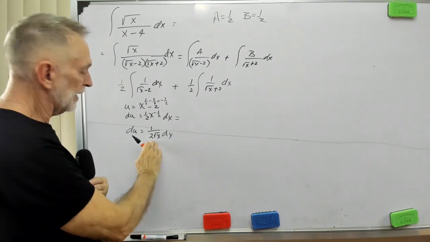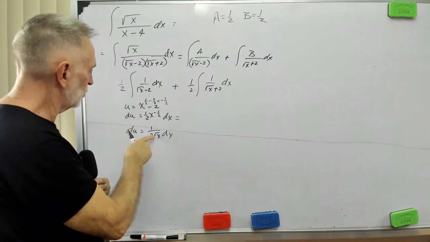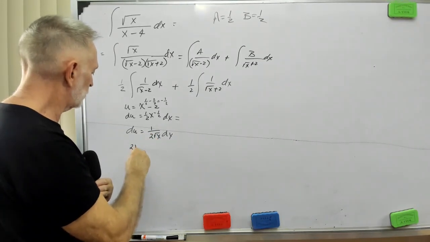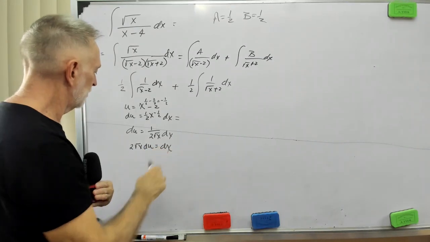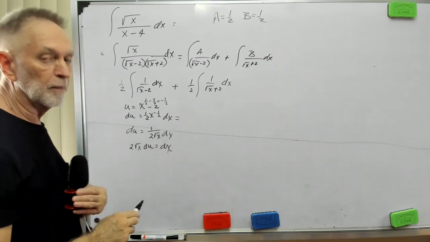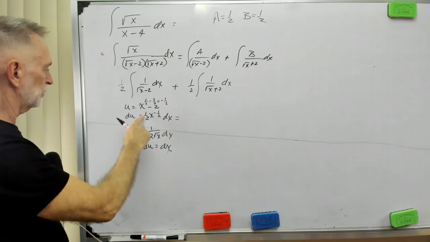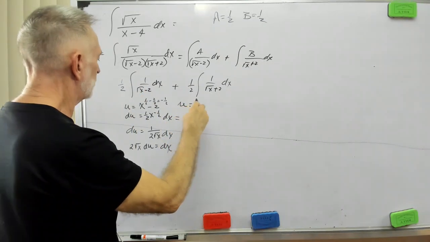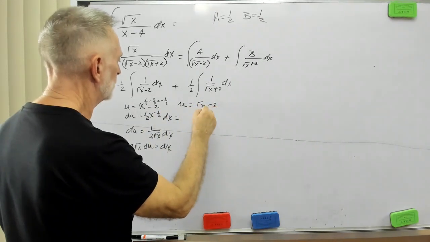So if I multiply by 2 over square root x to cancel this out, I have 2 square root x du equals dx. Now I still have that square root of x term. What to do about that? Let's go back to this equation where we had u equals square root x minus 2.